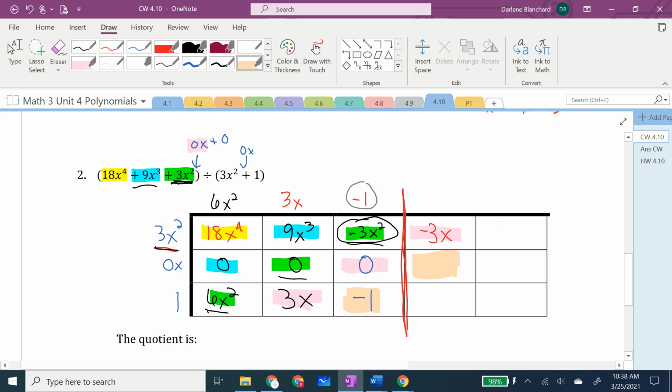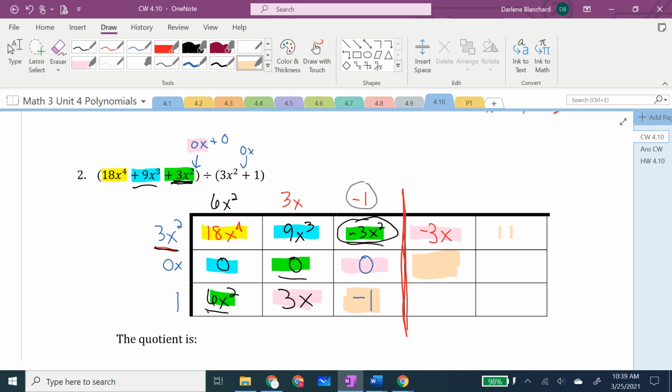Once we go over the line, there's nothing else I can bring up here to make things work out, to create what I'm trying to create. So I don't need to go up to this third box. It's just kind of a waste of time. Because once this line is drawn, everything that isn't created before that line has to be added on to create that polynomial, and it's going to be part of the remainder.